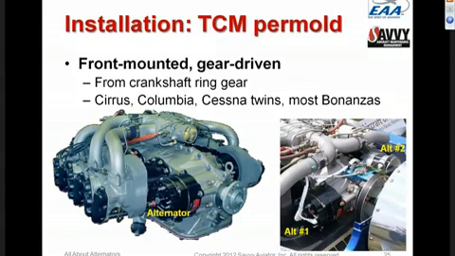The lower right picture is a dual alternator installation, I believe off of a Columbia, where the primary alternator is gear driven and mounted to the front right side of the engine, and the number 2 alternator is mounted on the opposite side of the front of the engine and is driven off of a pulley behind the propeller, quite similar to the way it's done on Lycomings, except that in this case the alternator is mounted up high rather than down low.